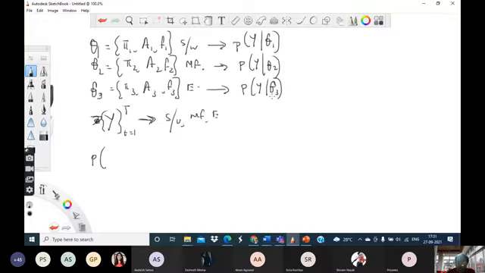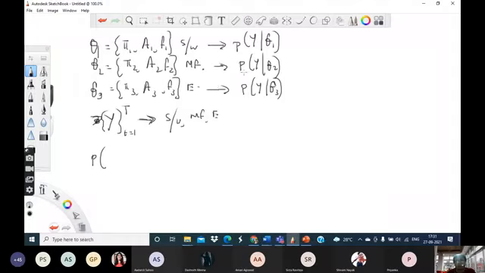Now how do you classify this? These probabilities are basically saying how likely this observation sequence is from the first HMM, how likely it is from the second HMM, how likely it is from the third HMM, and so on.